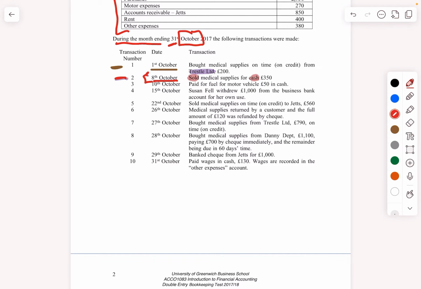Okay, so that means we have the sales account 350 and we have cash 350. Sales: sold medical supplies for 350.